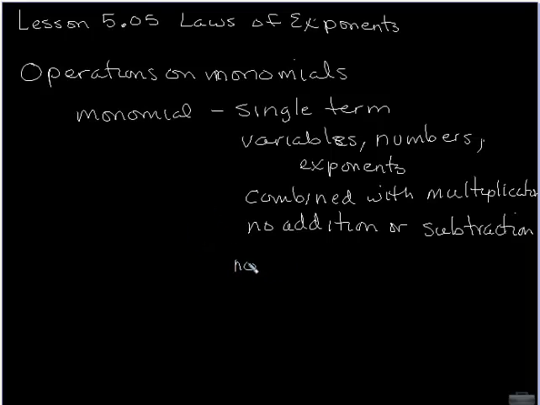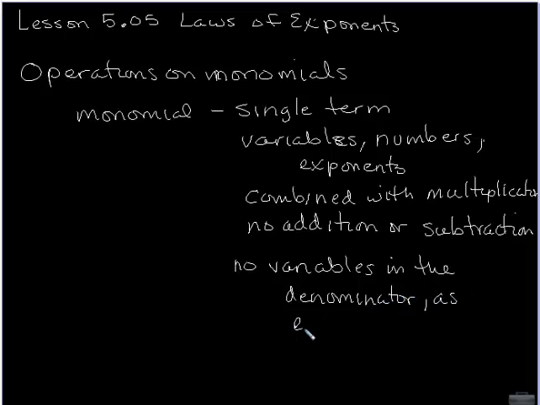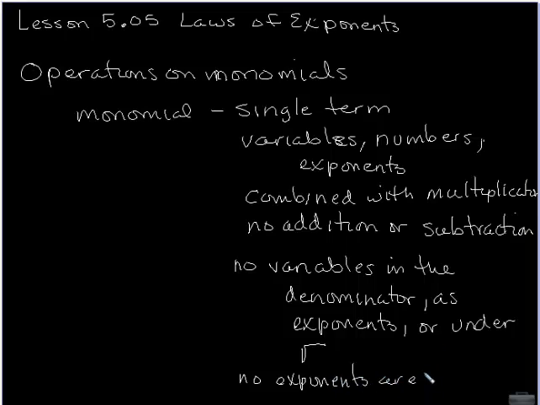And we have no variables in the denominator, as exponents or under square roots. Also, no exponents are negative or fractions or decimals. Okay, so that's what a monomial is.